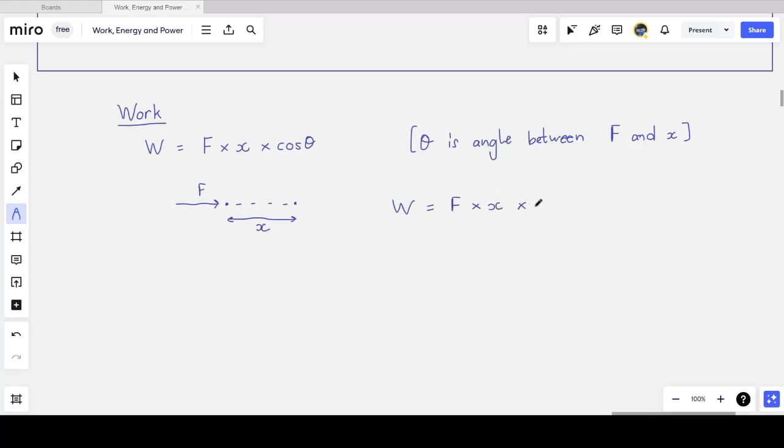F times X times the cosine of theta, where in this case theta is actually 0 degrees because the angle between the force and the displacement, both horizontal and to the right, will be 0 degrees. And so it's simply F times X. And we sometimes wrongly think of work as force times distance. Well, it's not. It's force multiplied by distance in the direction of the force rather. And there's a different way we describe work when we use vectors, which we aren't going to do here in A-level physics.